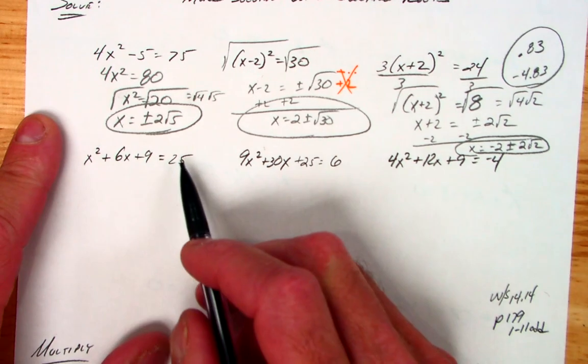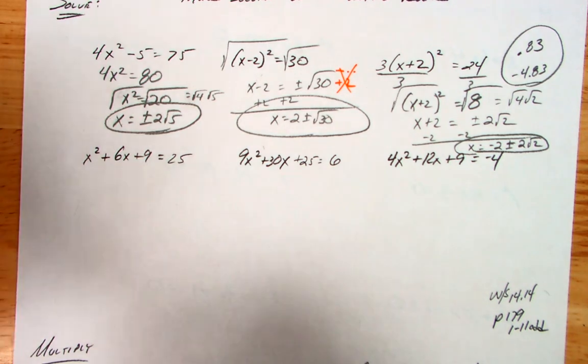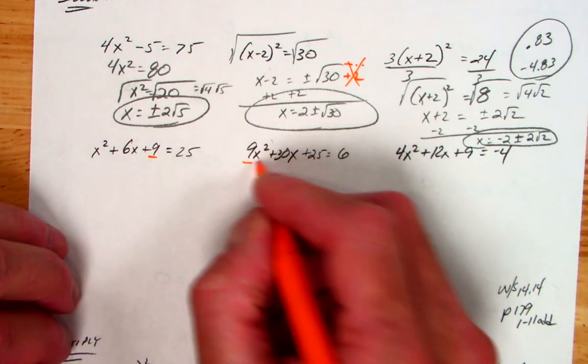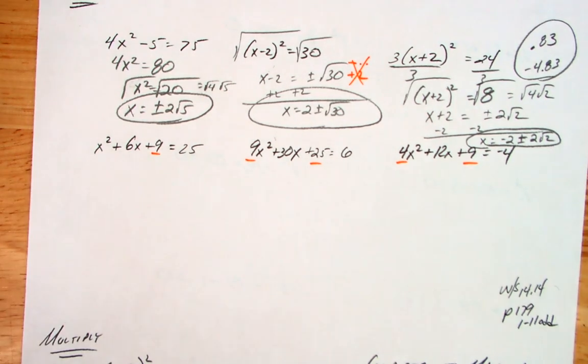So if we move this over, we're going to get something that may not be able to be factored. And this is a very special scenario that we can rewrite differently. How do we know this special scenario? Look at these numbers. 9, 9, 25, 4, 9. What's special about those numbers? They're perfect squares.